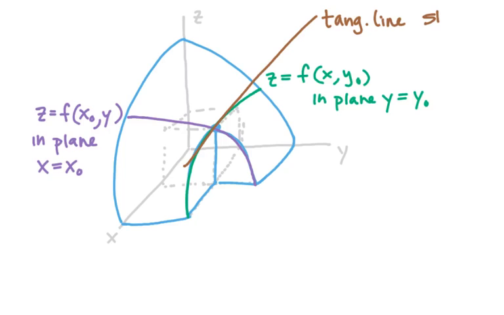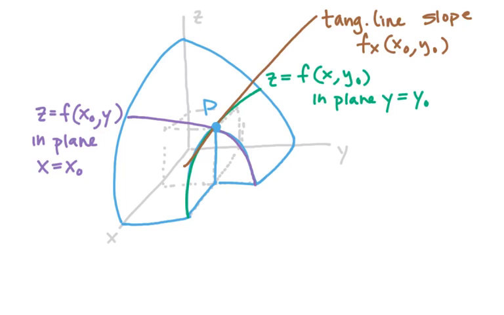So it's the tangent line slope right at that point on the curve or on the surface in space, but on that curve z being a function of x, that gives us the tangent line. So this is the partial with respect to x of x naught, y naught.